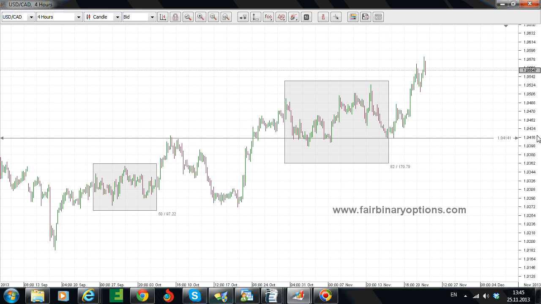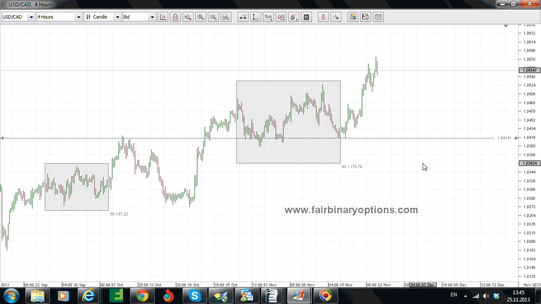Now, a five-wave structure or an impulsive move needs to have at least one wave to be extended, and there you go, we are looking for a third wave to be extended.